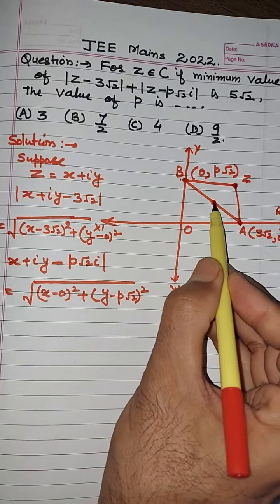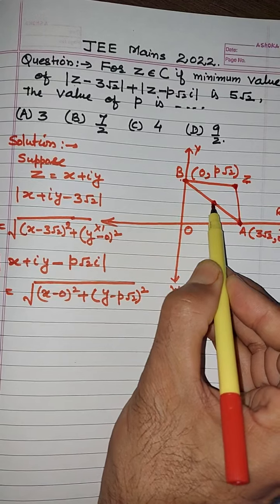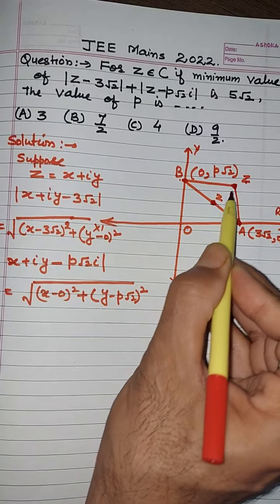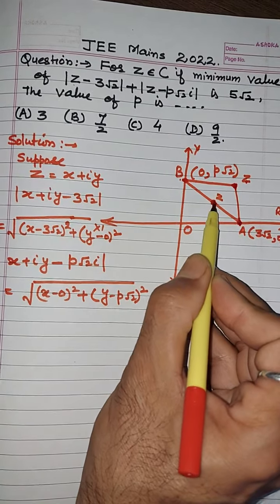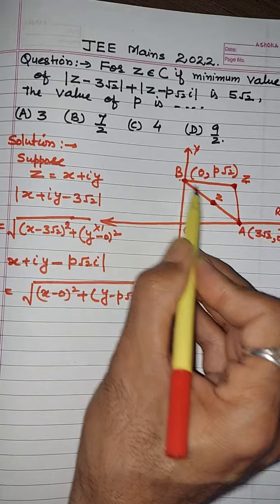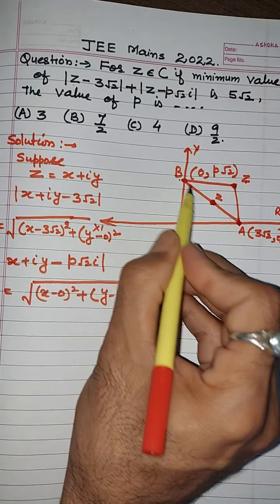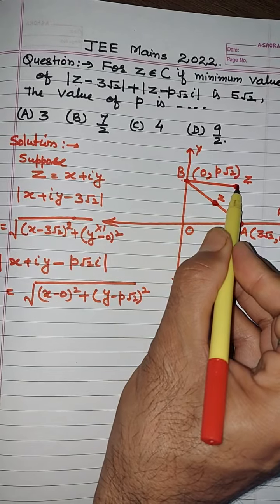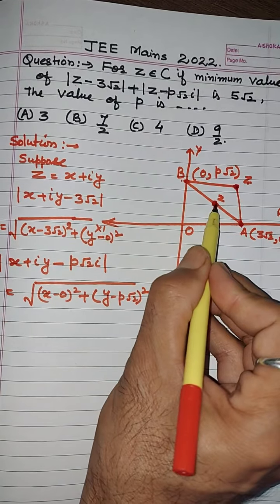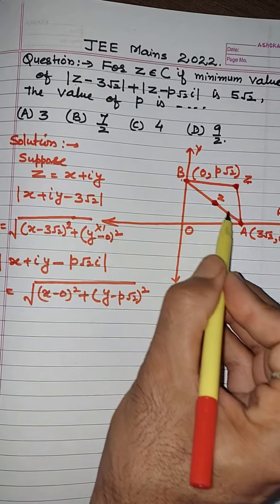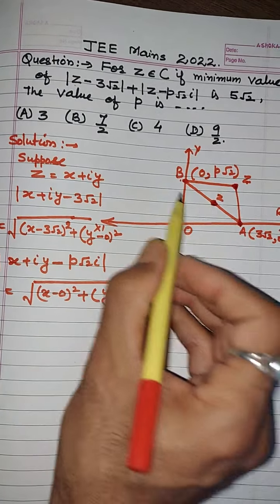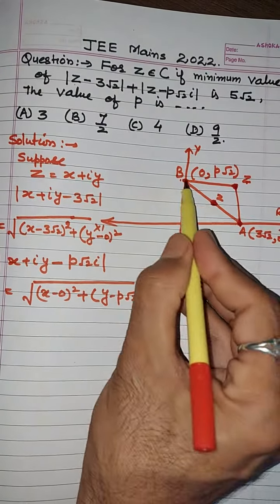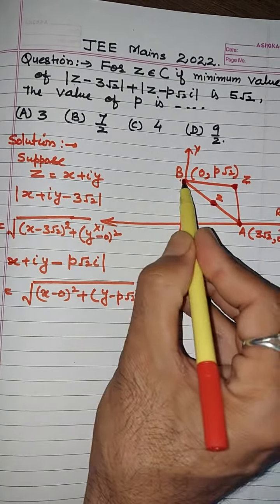If z lies on AB here, then this sum ZA plus ZB, the point may be anywhere here. So when this complex number lies on this line, the distance will be minimum. It means the distance between the two points A and B will be the minimum.